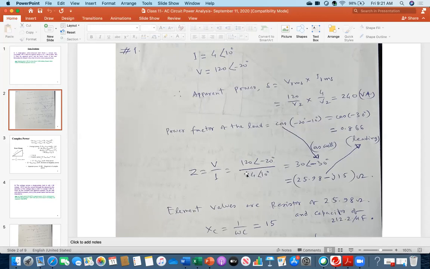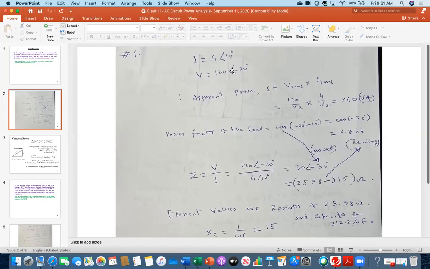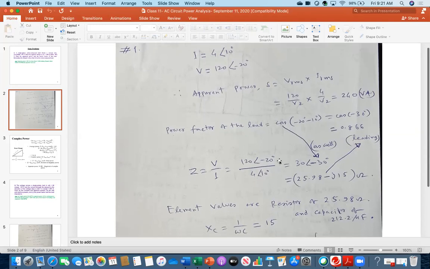And then there is another way of finding the power factor. Everybody see, here I am finding the impedance Z, voltage over current. That was my voltage vector in polar form, 120, and that was the current value. So then I divided, and according to phasor algebra, this angle goes upward, so I got minus 30 degrees. Therefore, everybody say that Z has the angle minus 30 degrees.